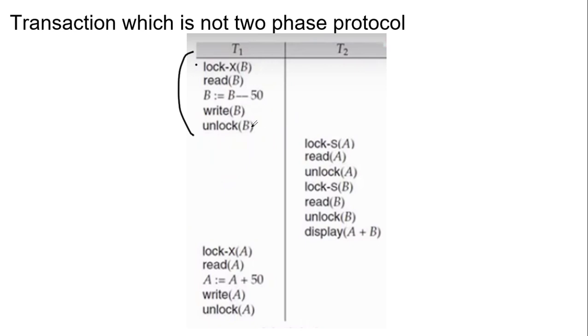After that it goes straight to the unlock operation, which is not 2PL, because the unlock is performed right after the write operation. Same example here: in A, after the ALU operations are done, unlock of A happens, which is not 2PL.